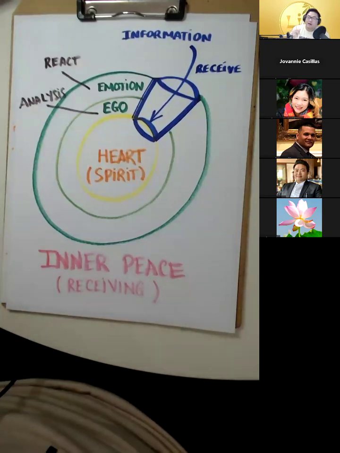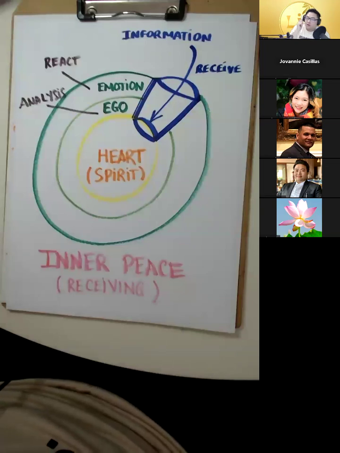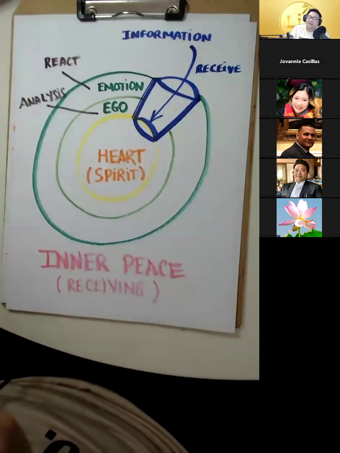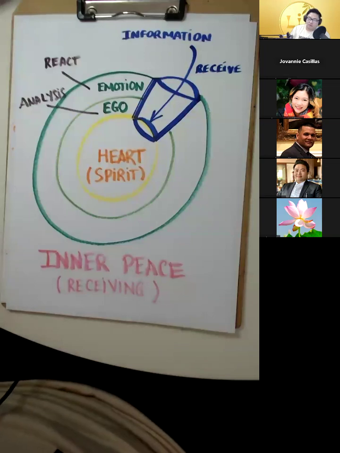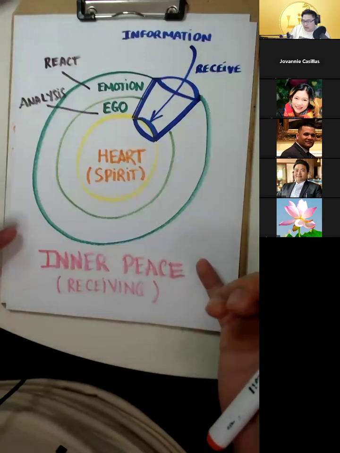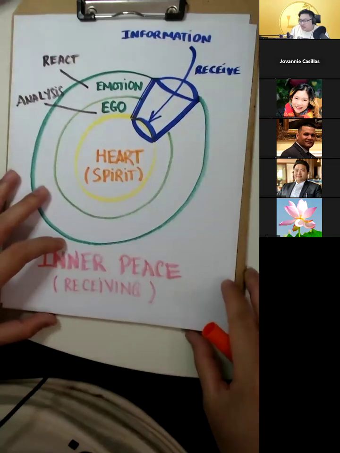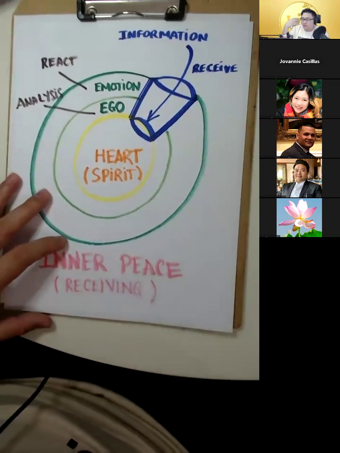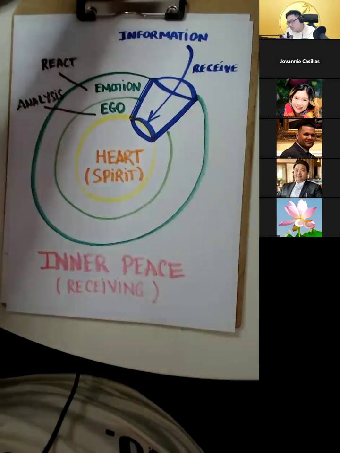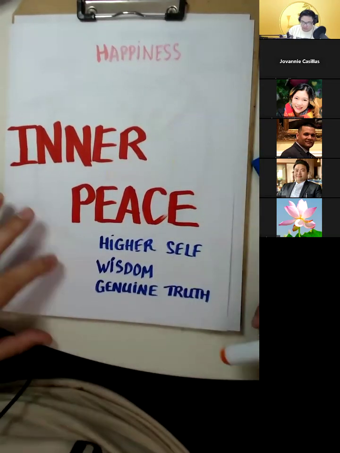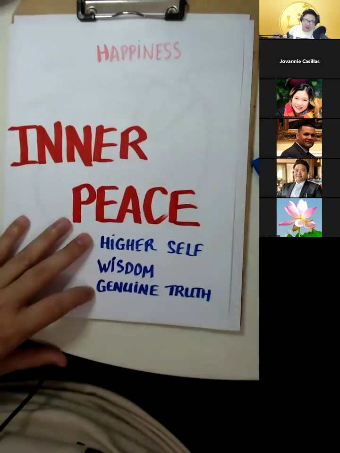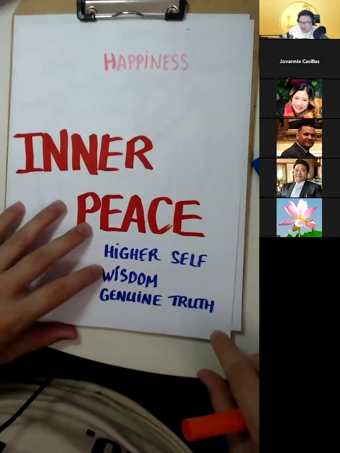A lot of them start by the term called thought exercise or thought experiment. But the truth is, by reaching that flow state, by reaching that inner peace state, they are able to download knowledge. They get closer to their higher self. They gain their wisdom. They get the genuine truth, which is knowledge of the world.